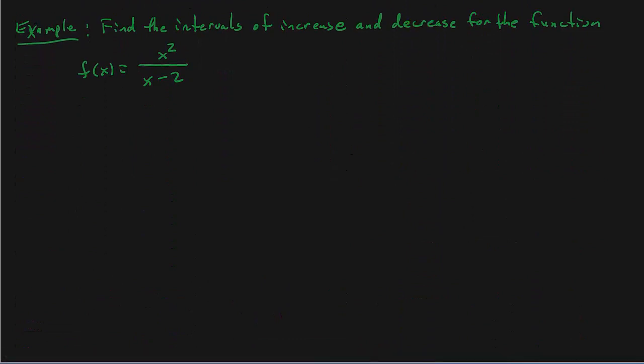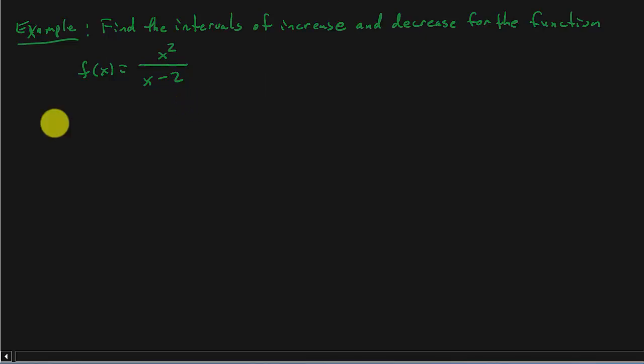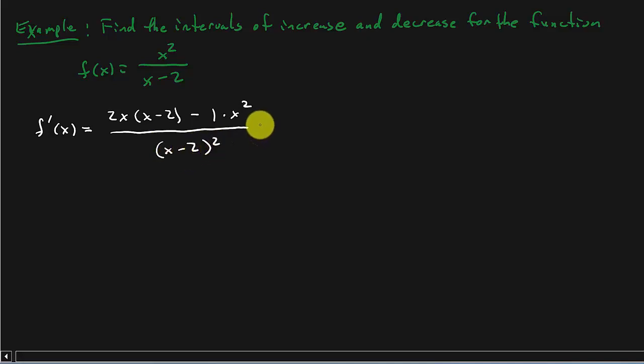All right, let's look at this example. Increasing and decreasing: let's find the derivative. For this one we have to use the quotient rule. So f prime of x is equal to the derivative of the numerator times the denominator, minus the derivative of the denominator times the numerator, all over the denominator squared.